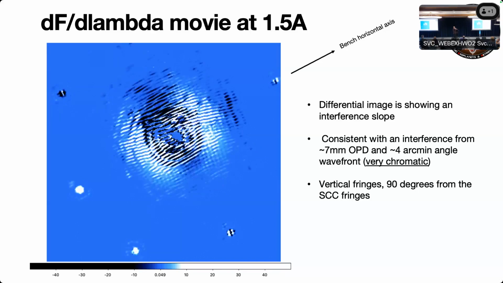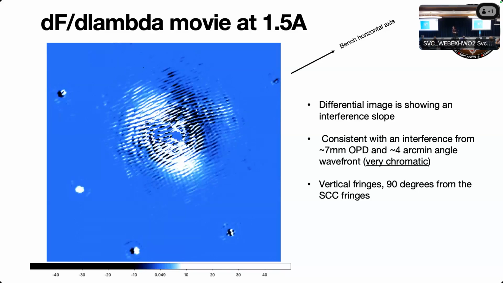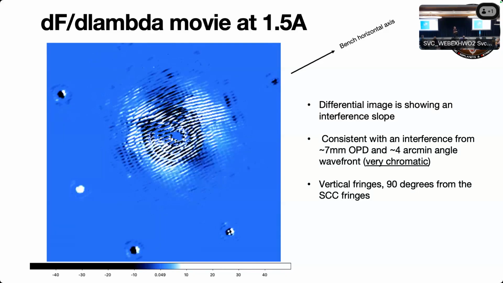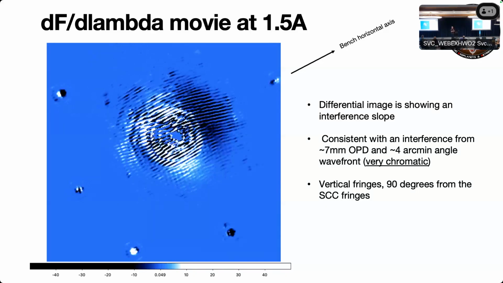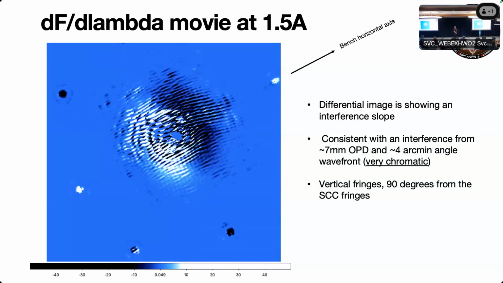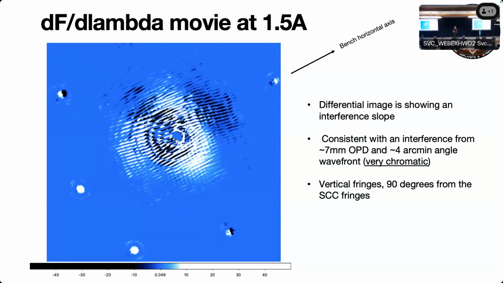So here what you're seeing is the second wavefront that's inclined by about 4 arc minutes and has an OPD of 7 millimeters. So we actually think it's the window of our camera that has 2 wavefronts interfering with itself. And then it's generating a bunch of chromaticity in these images.